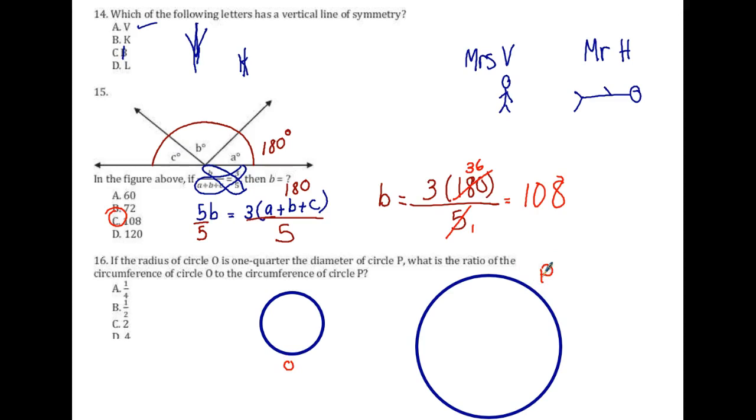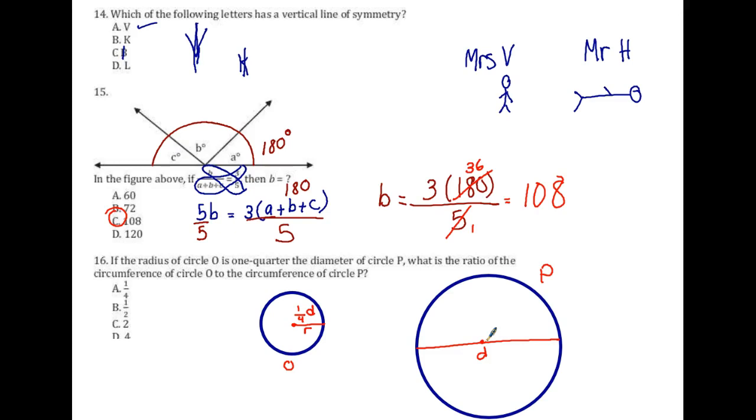Okay? So, we're talking about the radius of circle O is 1/4 of the diameter of circle P. So we need to know the circumference of circle O to the circumference of circle P. Okay?